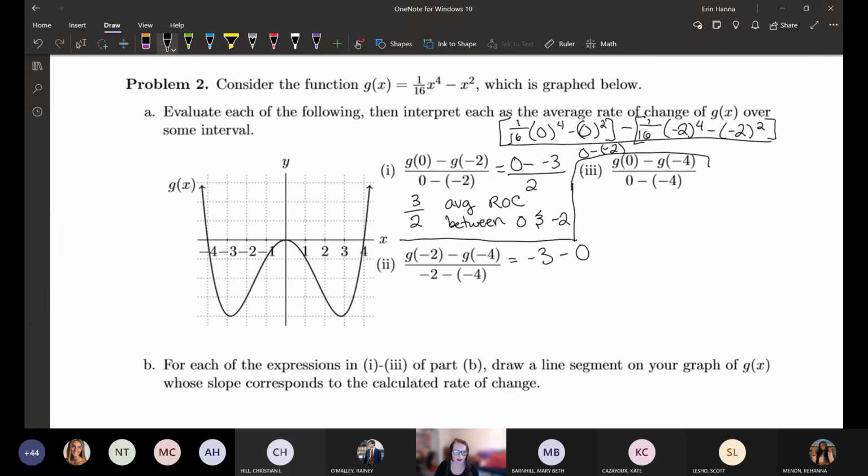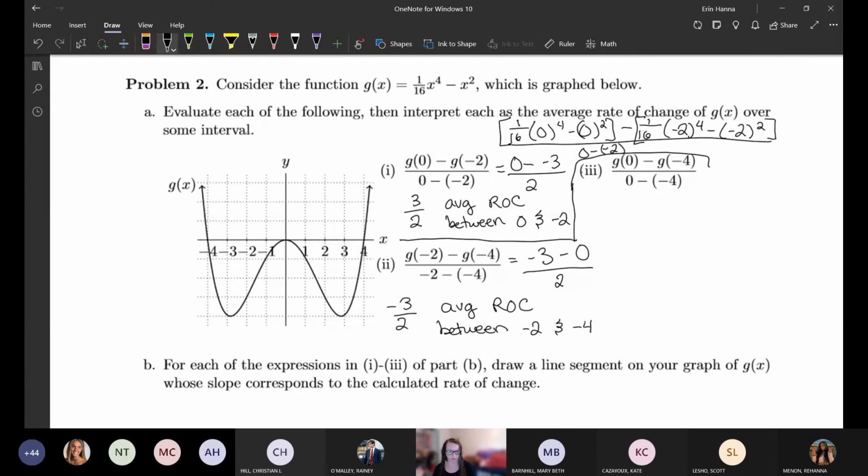You can also see it on the graph. If we look over at -4, it's at 0. So you can use the graph to help recognize what these points should be. Then -2 minus -4 would essentially be adding, so we end up with 2. This gives us -3/2 as the average rate of change between -2 and -4.